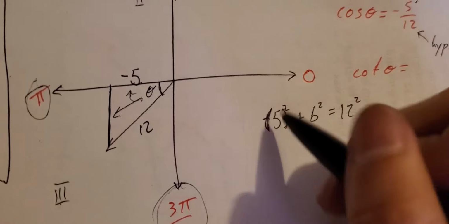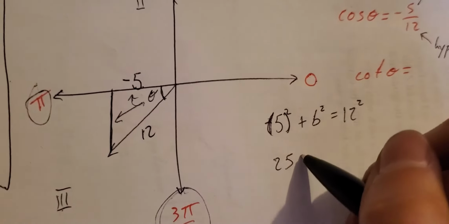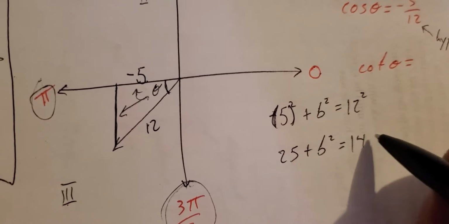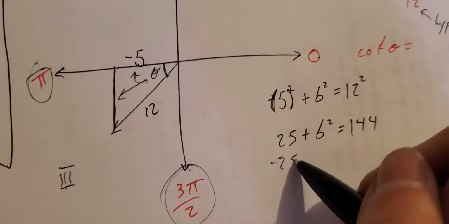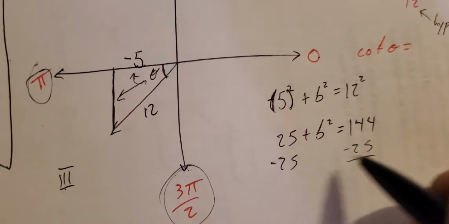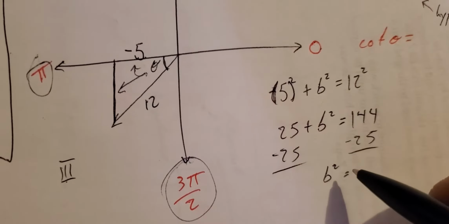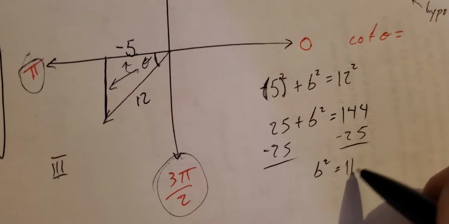So we get 5 squared, or negative 5 squared, that's still going to be 25, plus b squared equals 144. Let's subtract 25 from both sides, and I get that b squared is equal to 119.